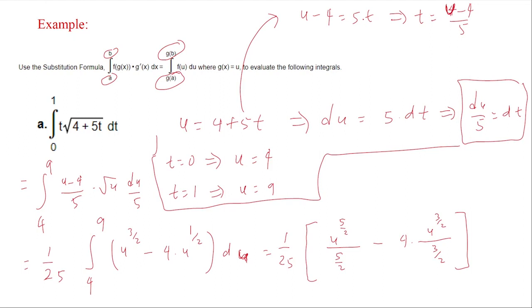And then the limit of integration is from 4 to 9. So if we use the fundamental theorem of calculus, now we need to put u equal 9 for the first time minus u equal 4 next time and do the calculation. We have to use this 5 over 2 as 2 over 5, this 3 over 2 as 2 over 3. Just simplified form, just do the simplification.